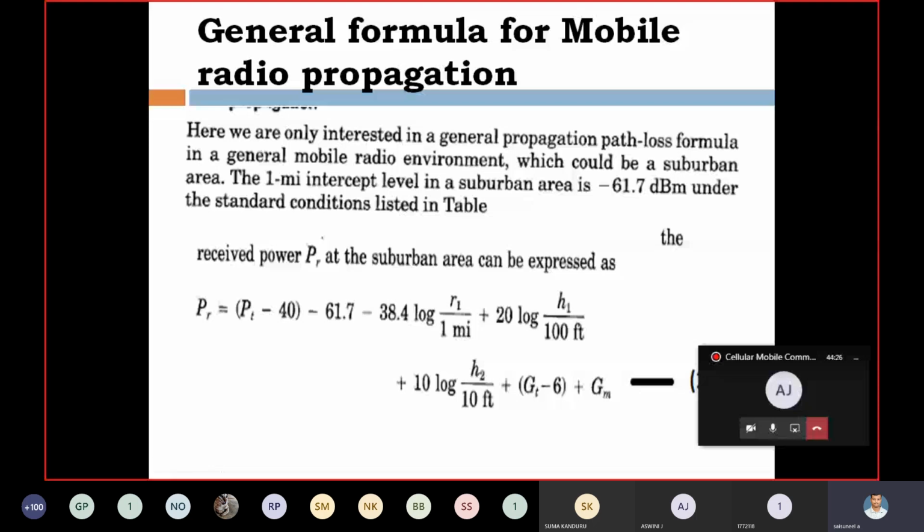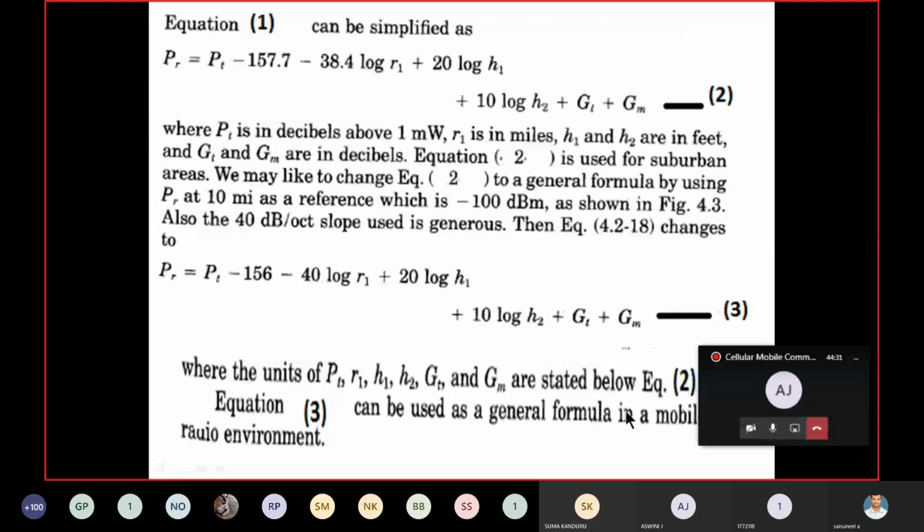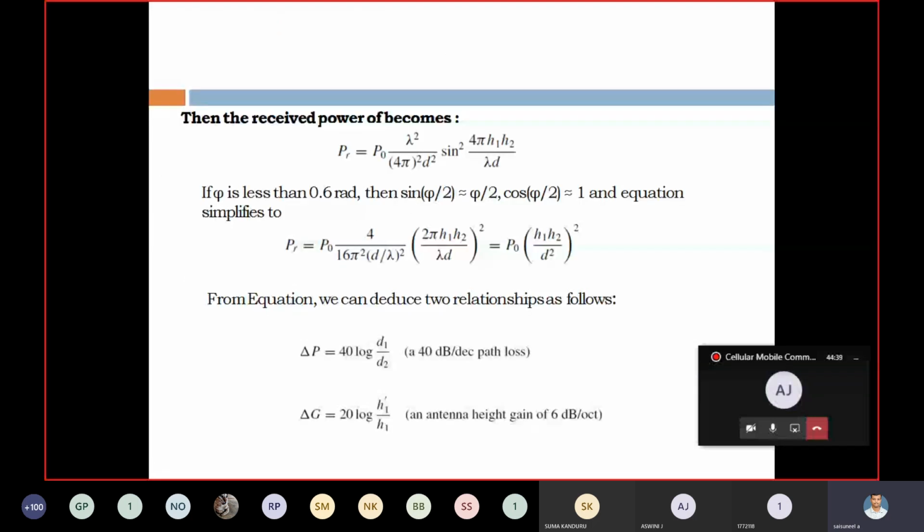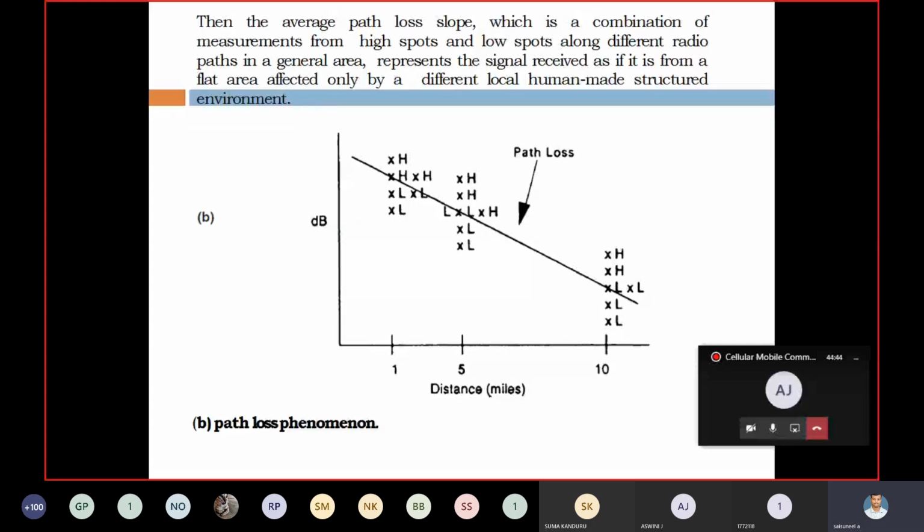See these formulas. These formulas come from correction factors. I will explain again. See these correction factors. Transmitted power PT is 40 dBm.